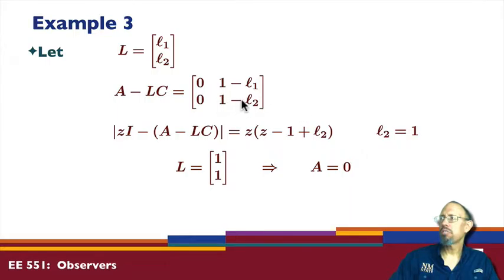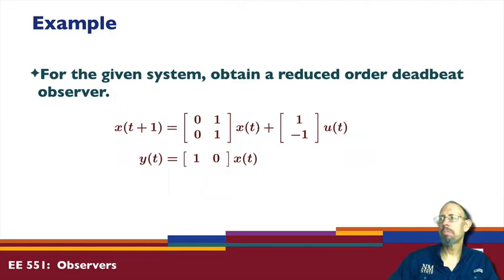In this particular case, if we choose L1 also equal to 1, that is, if we choose L to be this, the matrix, here it says A, should say A minus LC, actually ends up being equal to 0. So we can still get an observer, even a deadbeat observer, even though our system is not observable in this case.